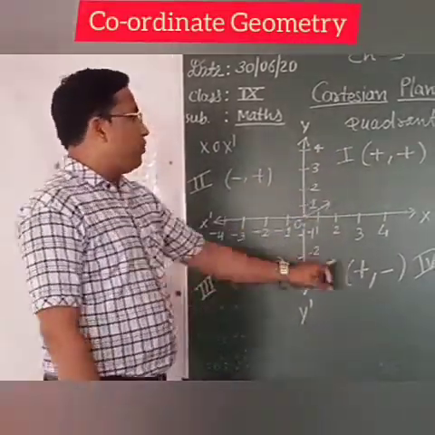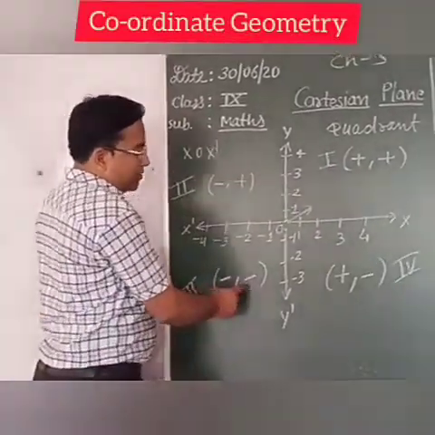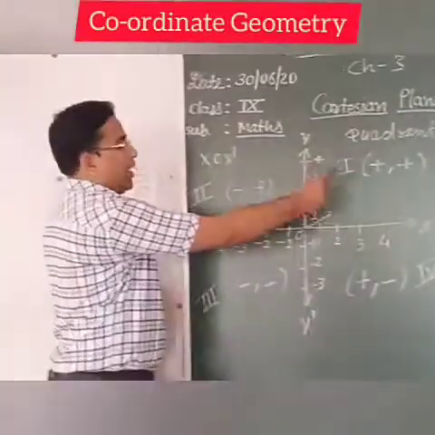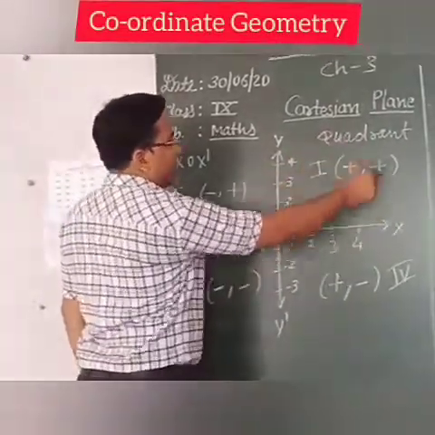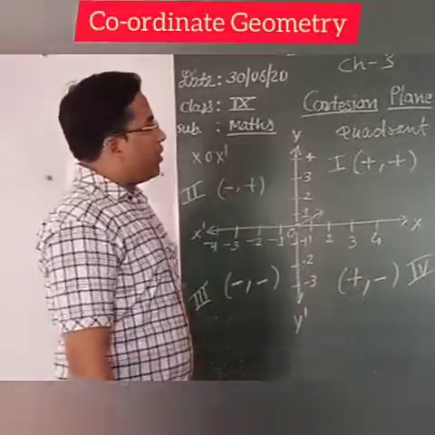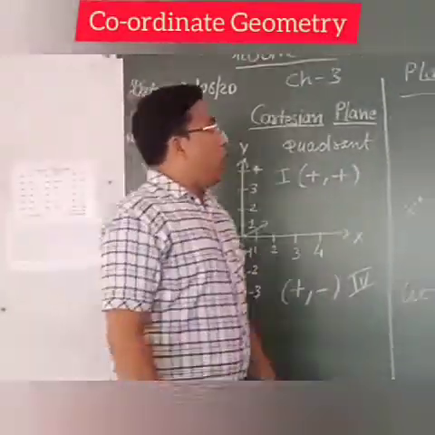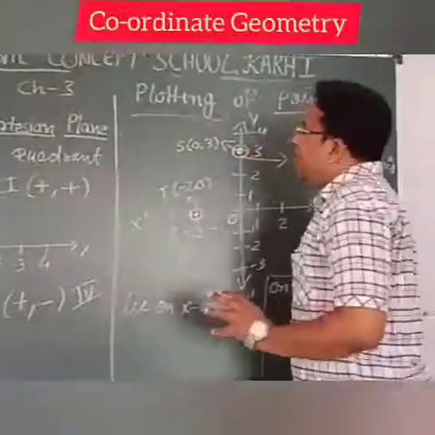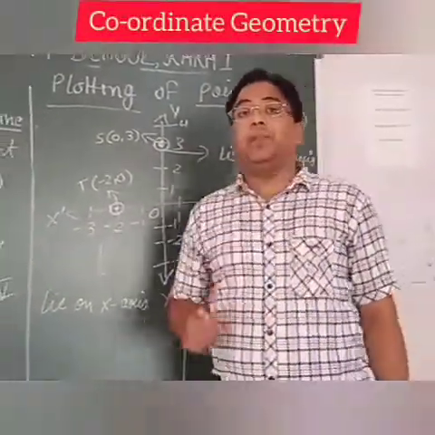First, second, third, fourth. They are also known as plus plus, minus plus, minus minus, and plus minus, because as per the area, it is positive, and that's why it is plus plus. Whatever points we plot on the Cartesian plane will always be in the form of an ordered pair.